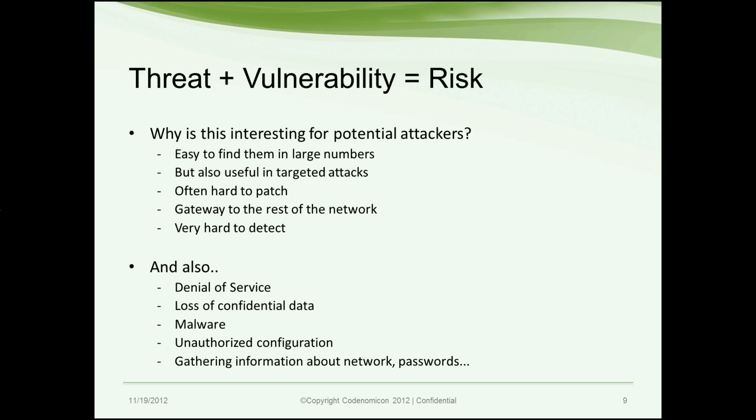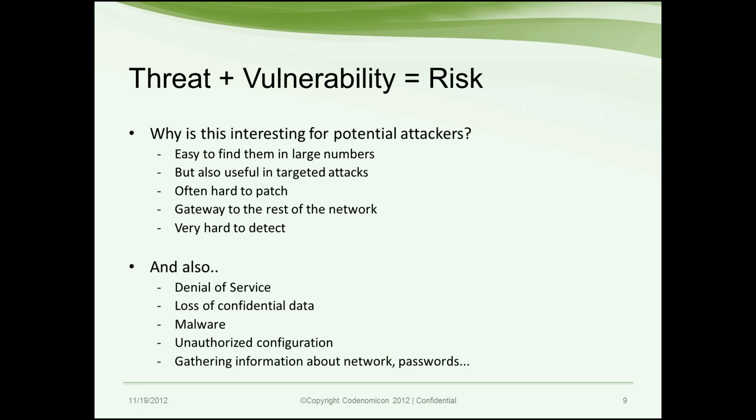Loss of confidential data is what I mentioned earlier already, especially now since hard drives are attached to these routers and there are VoIP capabilities on them. It's of course really easy to get your hands on information which goes through your device or is being routed through your device.